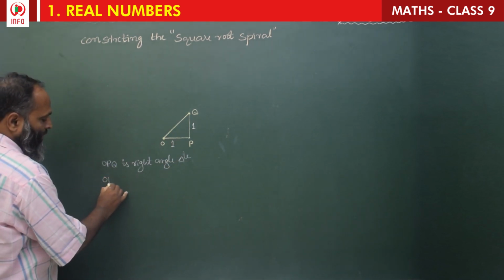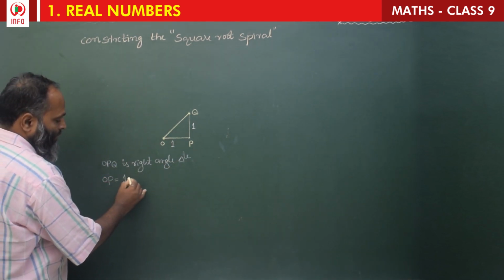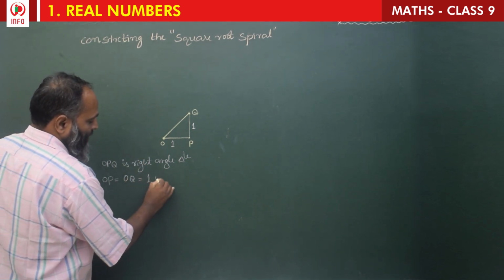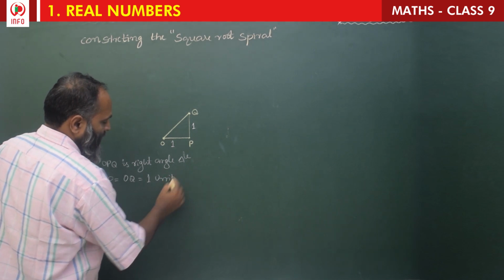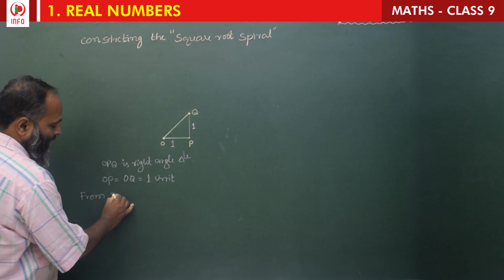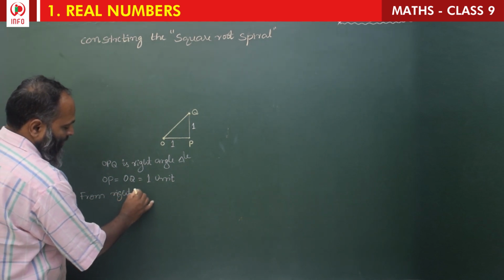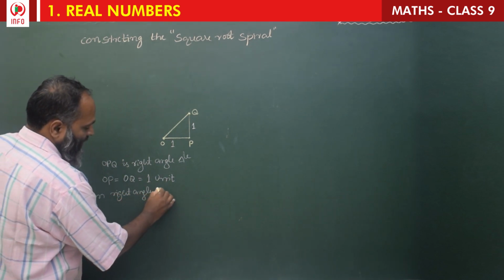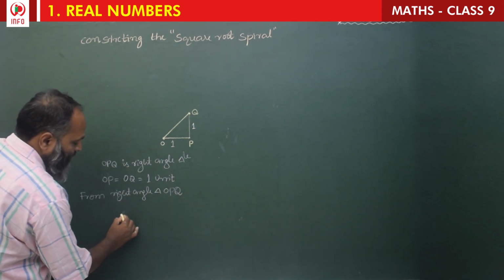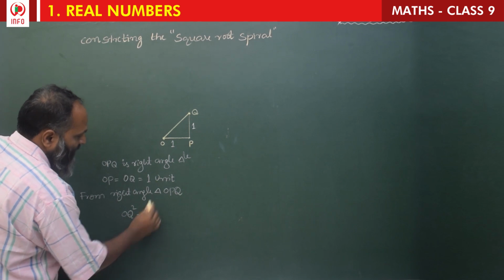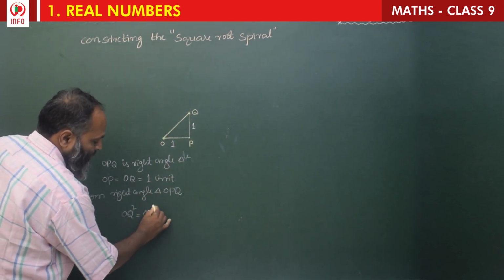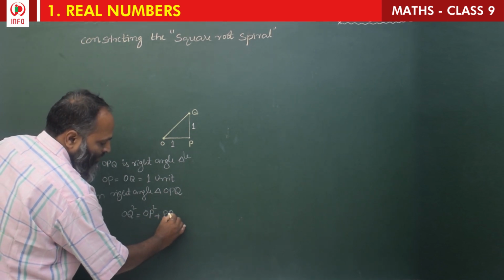So OQ square, the hypotenuse square, is equal to the sum of the squares of the two perpendicular sides, that is OP square plus PQ square.